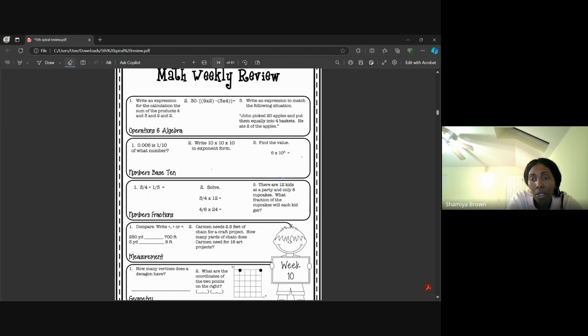Let me draw this out. So I have 8 cupcakes and 12 friends. So each friend can't get a whole cupcake. So what I'm going to do is split those cupcakes in half. So for 1 cupcake, I'm going to split it in half.